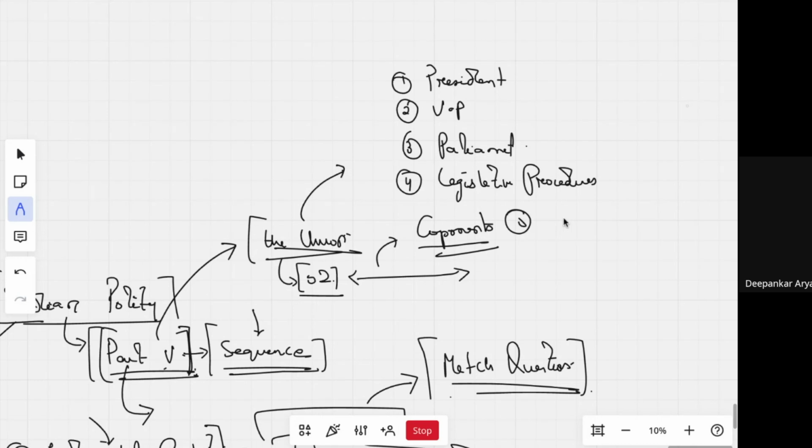Then, if we include the judiciary, the Supreme Court. Now, let's say, will UPSC come under the union or will it not? This is again a very essential question. So there are various ways in which the questions can be asked.